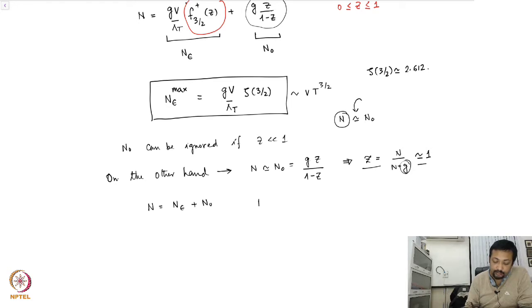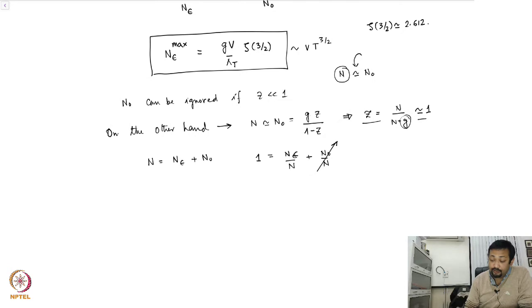We rewrite this as 1 equal to N_epsilon over N plus N_0 over N. Clearly, if N_0 is not sufficiently large, so that you have not hit the z to 1 limit, then in the thermodynamic limit you can ignore this term, and most of the particles are accommodated in the excited states.